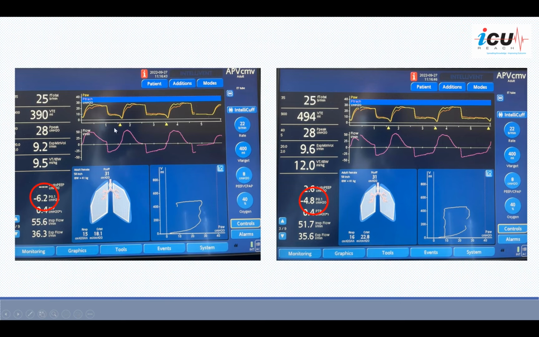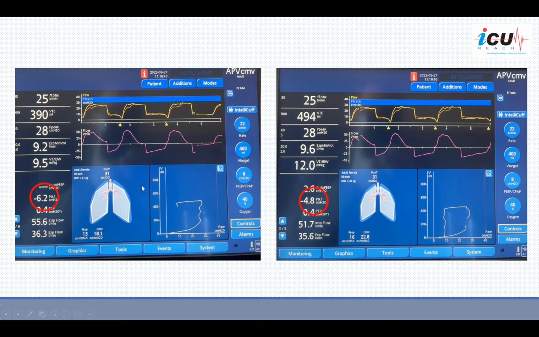It looks like it's adequate assistance by the machine. However, when we do the P0.1, we get a value of -6.2 centimeters. And then repeated is -4.8. As I said, you need at least 3 values and get the average.